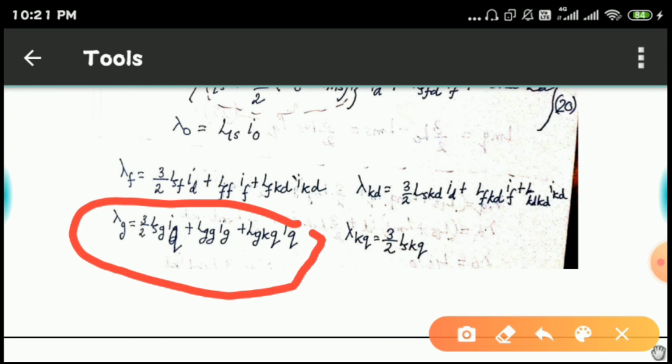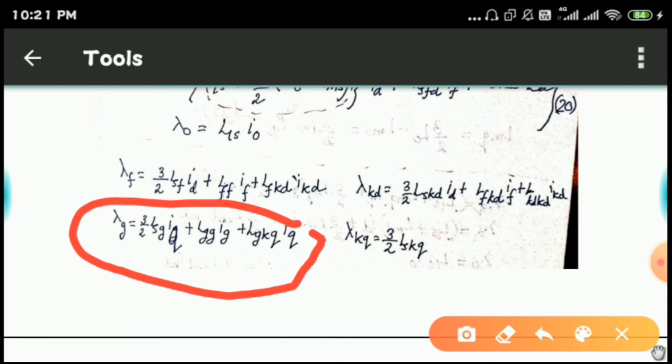The current responsible and the winding you are considering. Like here, if we see this one, lambda g, LGG means the first G indicates you are considering the flux linkage of the G winding, and the second G indicates it is due to the G winding current.